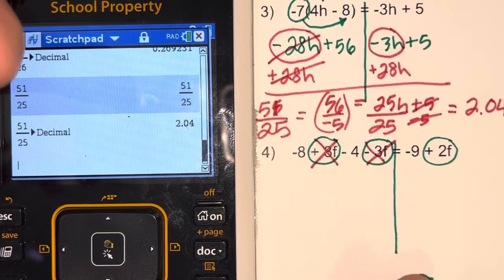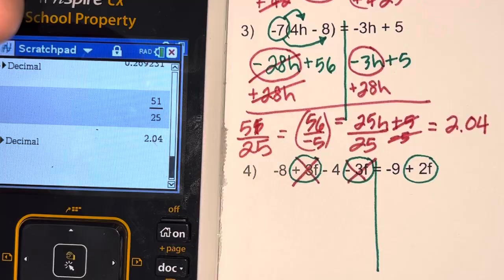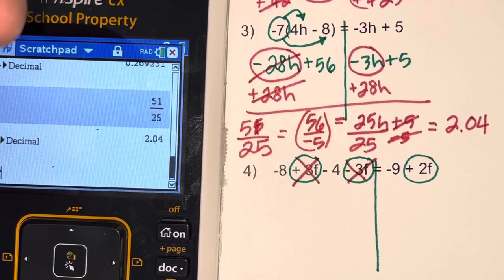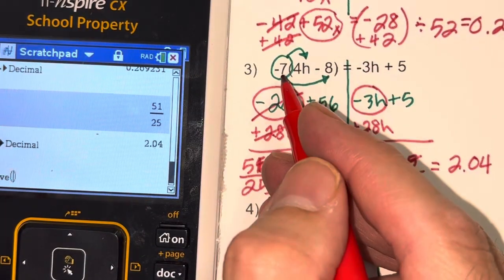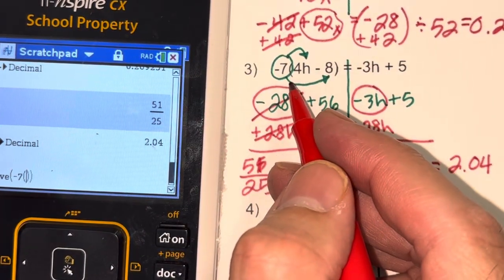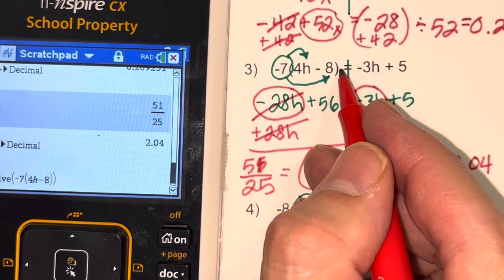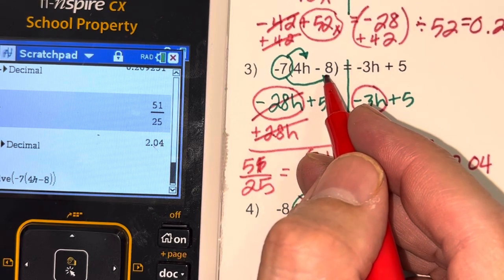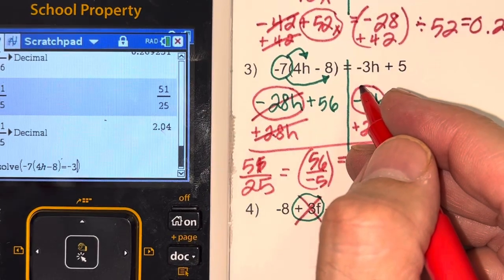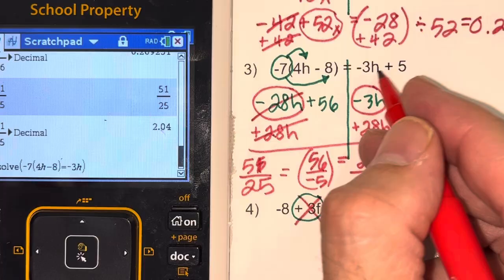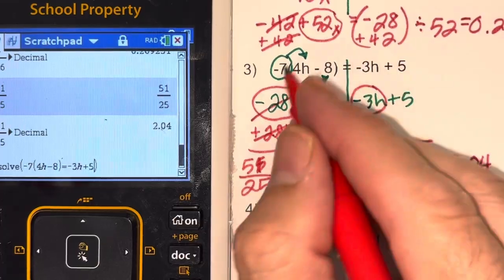And then let's try that with nSolve. So nSolve, parentheses, -7 parentheses 4h minus 8 close parentheses equals -3h plus 5, and then we put the equation in there.